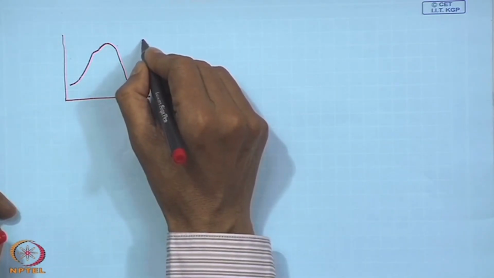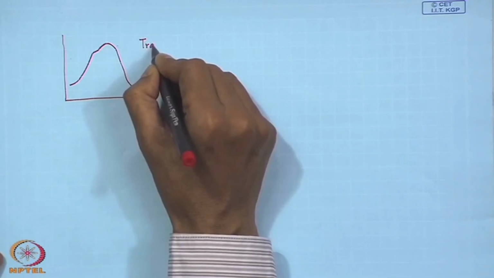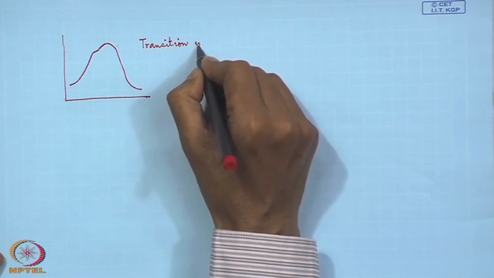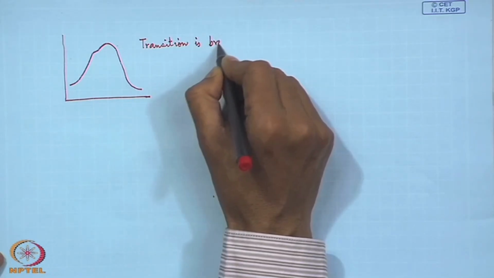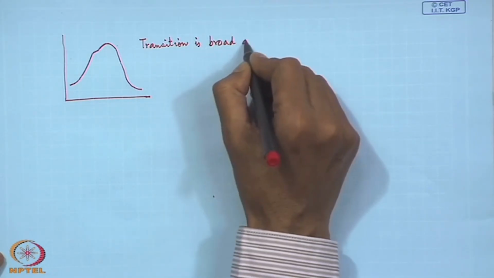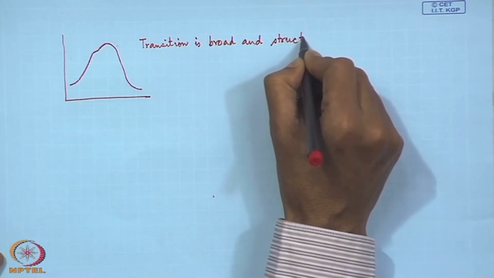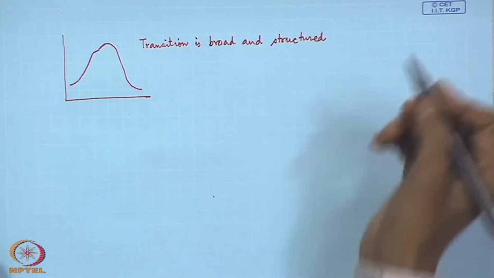So, the transition is broad and structured. Why is this so?